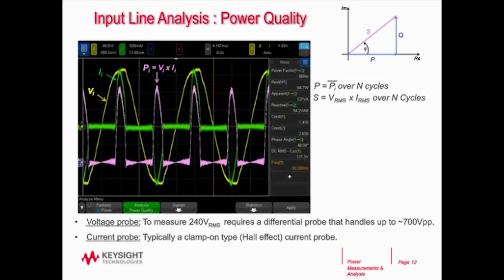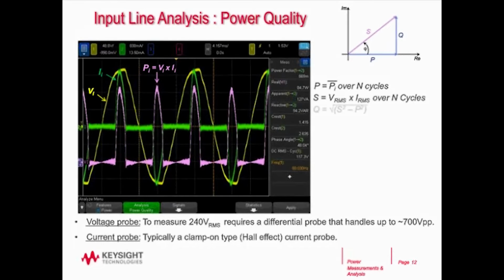So the real power is really the only one that you can typically measure on any scope directly. All of the other measurements are derived from other parameters, such as apparent power, which is simply voltage RMS times current RMS, again, over an integer number of cycles. Scopes typically have the RMS, IRMS.